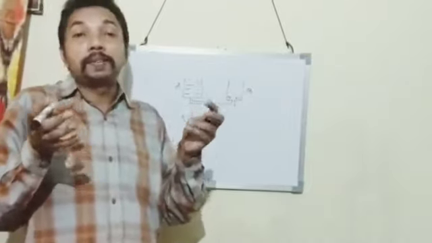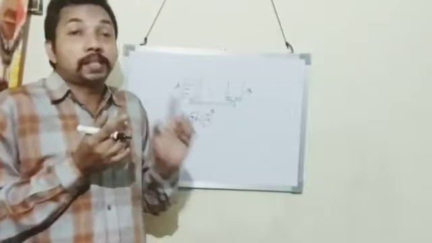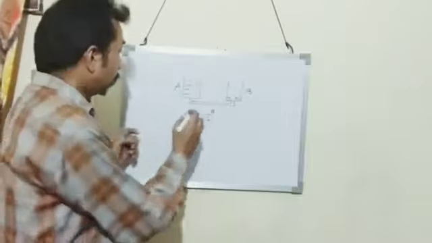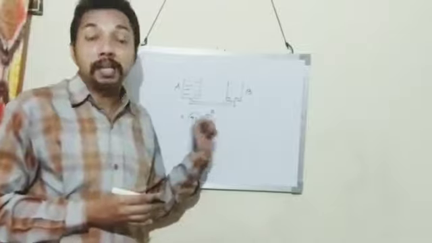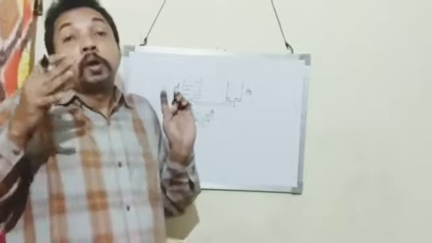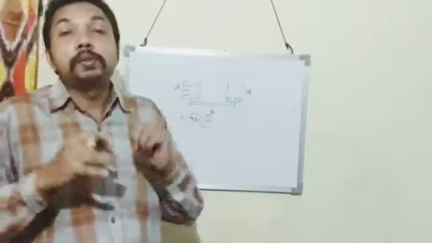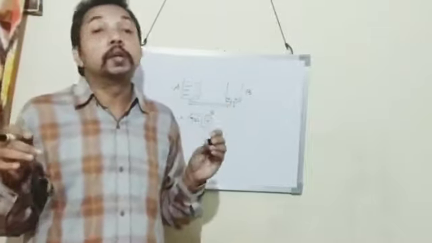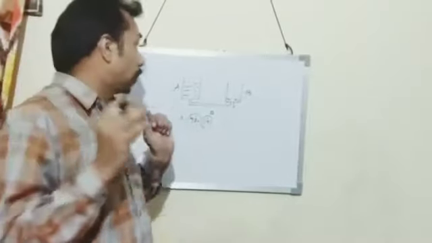When these two bodies A and B are kept in contact with each other, what is the direction of flow of heat? The heat will flow from body A to body B. So heat flows from a body which is at a higher temperature to the body which is at a lower temperature. How long will it continue? Till the temperature of both the bodies becomes equal.